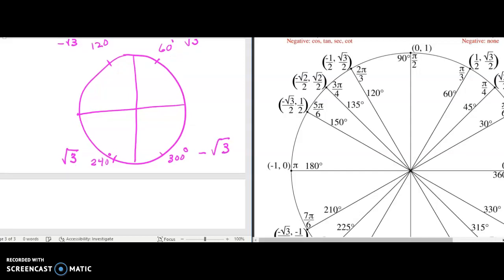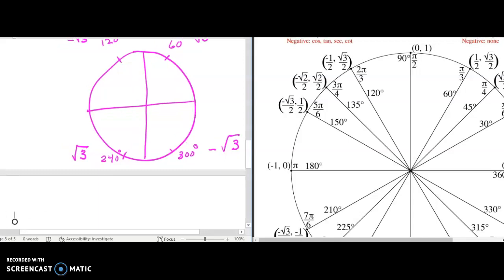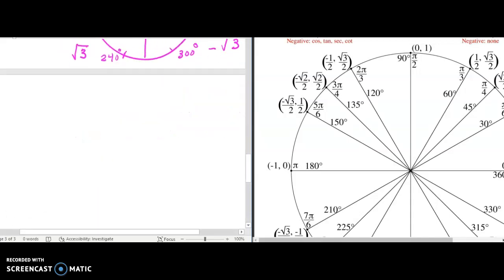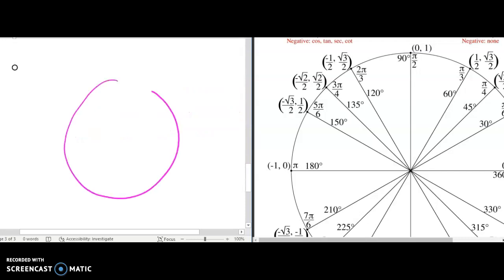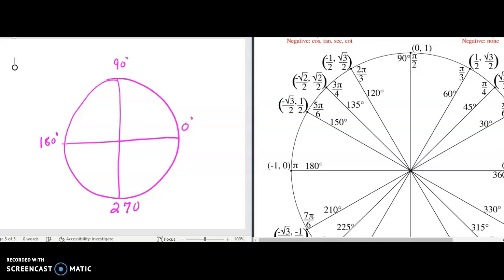We have one more grouping, and those are the quadrantal angles. The quadrantal angles are 0 degrees, 90 degrees, 180, and 270, and 360 degrees.